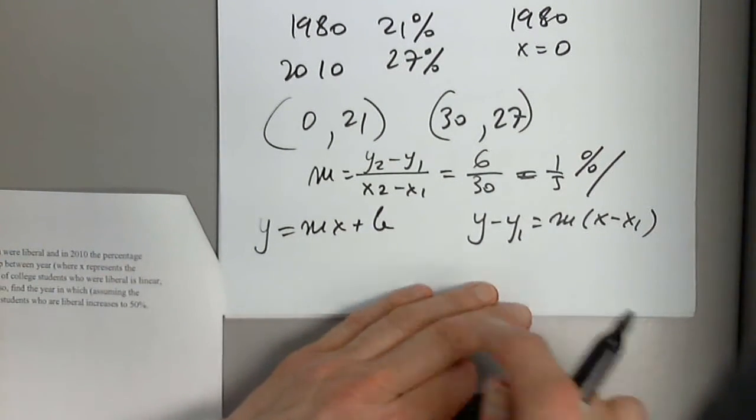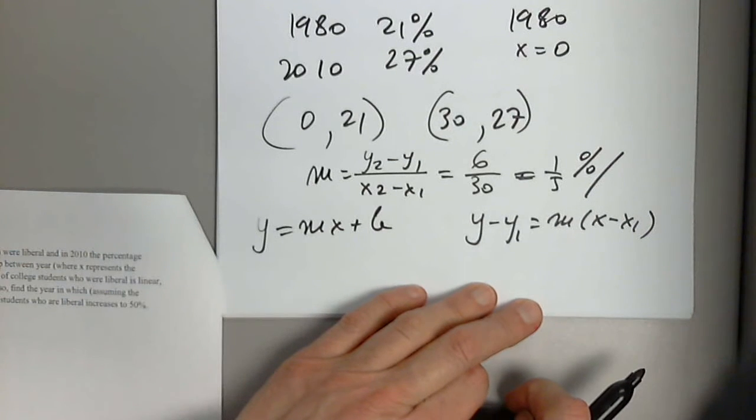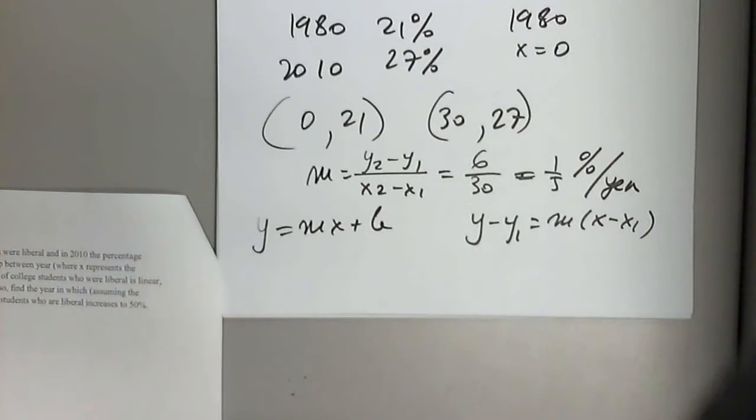What is the unit for the bottom? So it appears that the number of college students who are liberal increases by 1/5 or 0.2% per year, because it's positive.